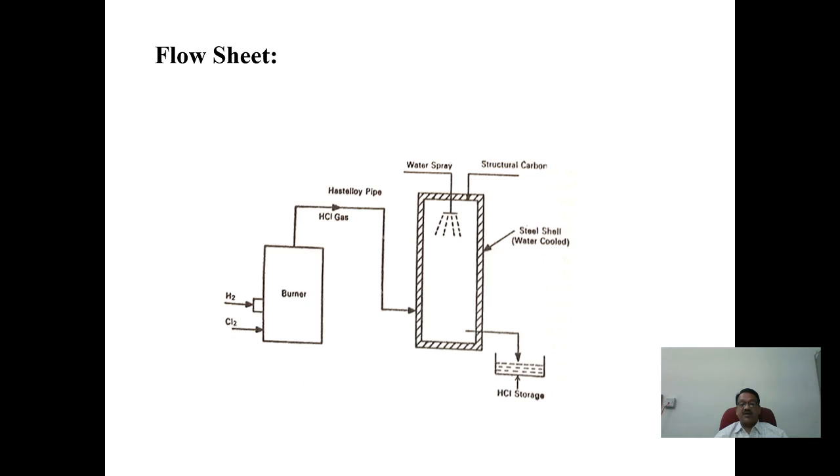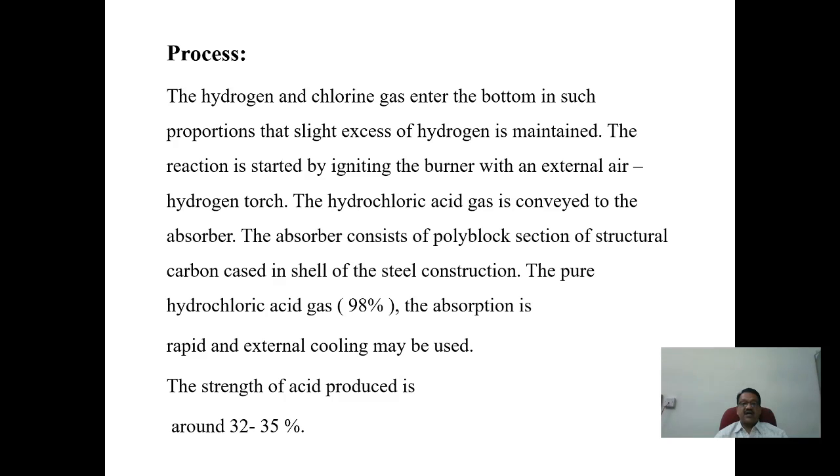Here gas is absorbed in water sprayed from the top, and HCl gas flows countercurrent to that, so that the HCl gas dissolves in water and forms aqueous hydrochloric acid at the bottom. Hydrogen and chlorine gas enter in such a proportion that a slight excess of hydrogen is maintained. The reaction is started by igniting the burner with an external bare hydrogen torch.